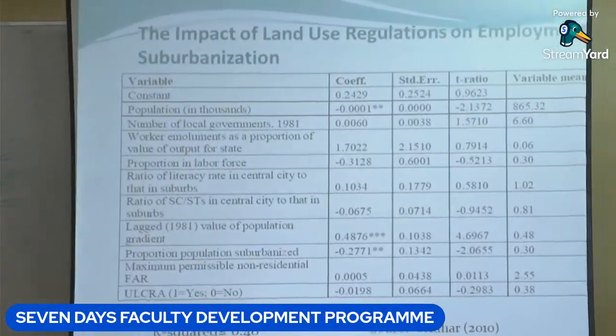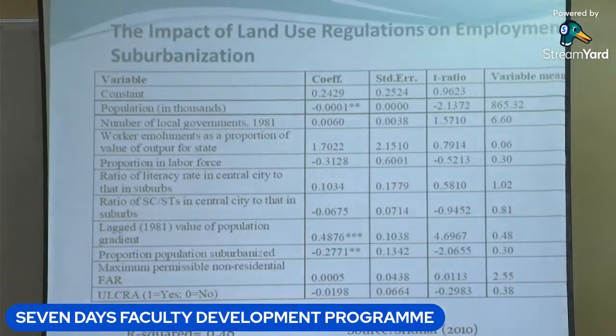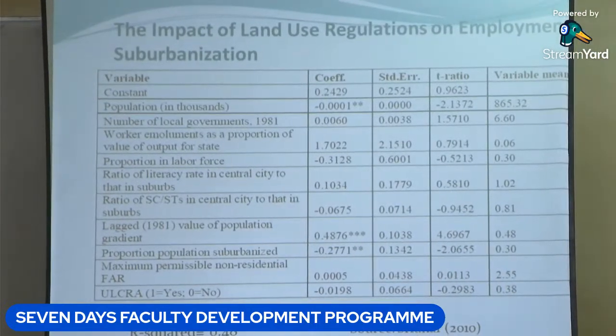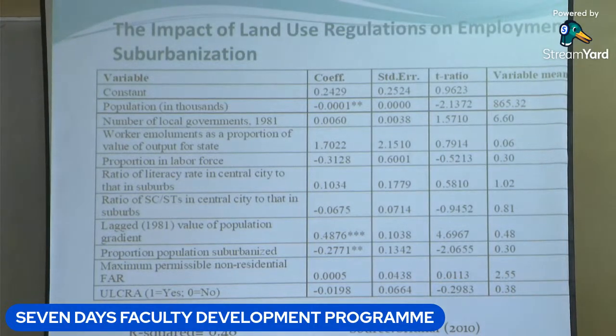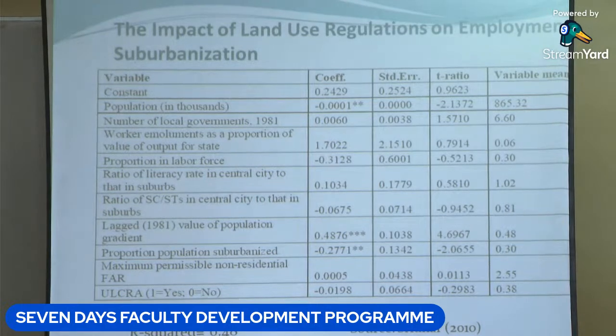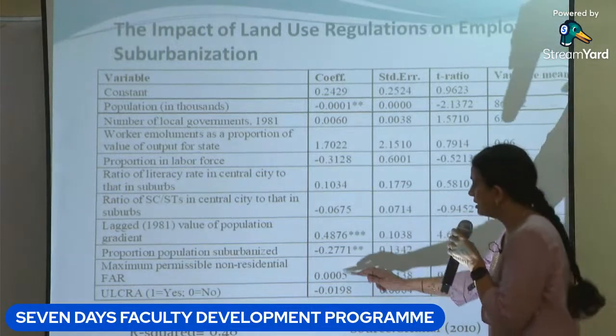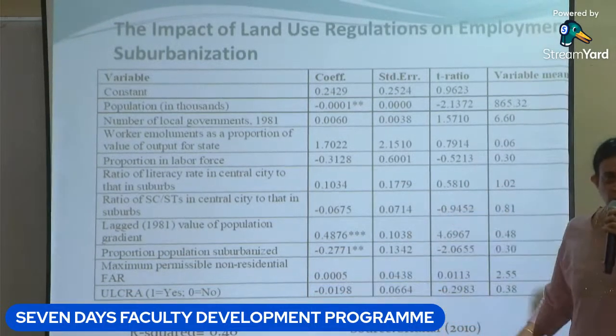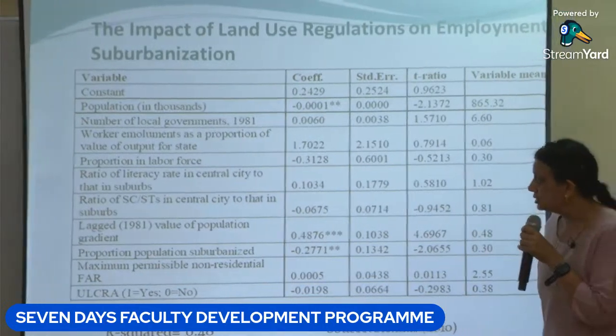In population suburbanization, we use the residential FAR, whereas with respect to employment, we use the non-residential FAR permissible, and we found that it has no statistically significant effect on suburbanization.